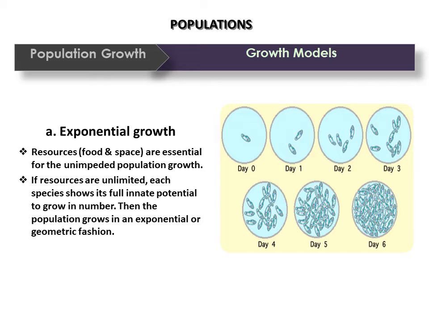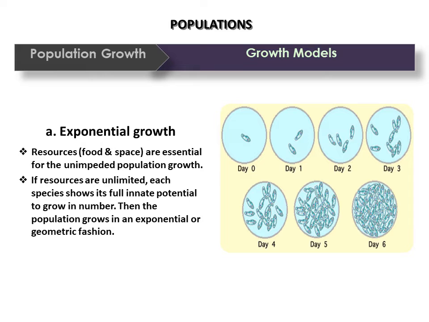Now, when I talk about exponential growth, this kind of growth occurs when food and space are available in sufficient amount. Please understand, in sufficient amount. That means the population grows in a geometric fashion, it will be exponential. On your screen you can see the microorganism paramecium they have drawn, and the paramecium is increasing, or E. coli for that matter.